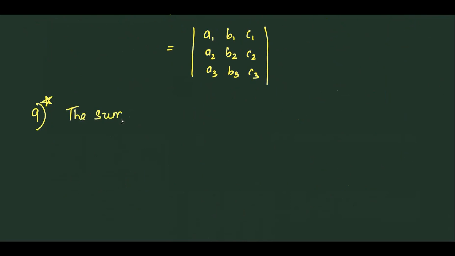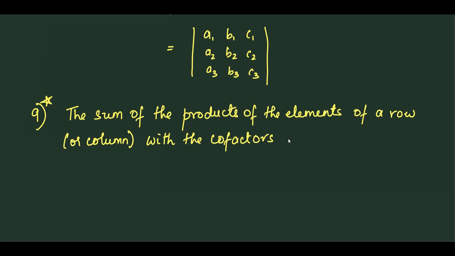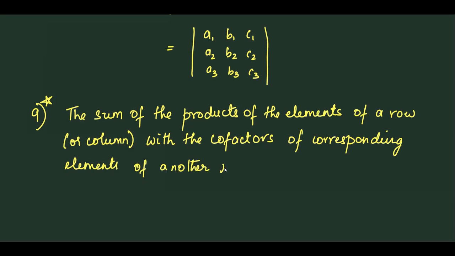The sum of the products of the elements of a row or a column with the cofactors of corresponding elements of another row or column is 0.